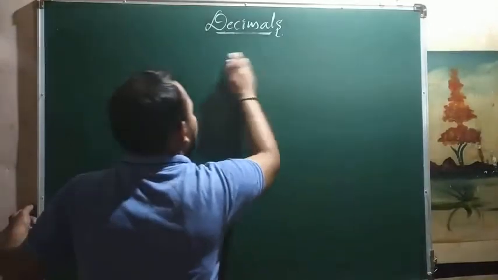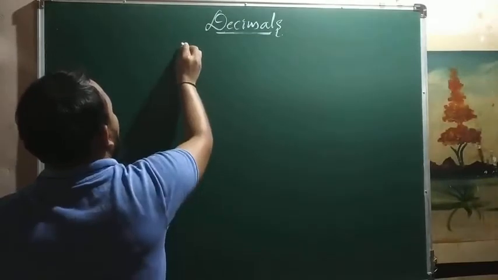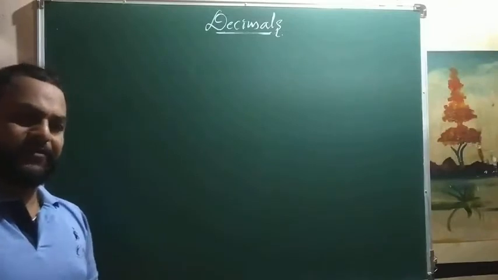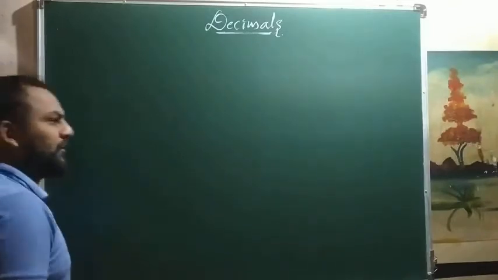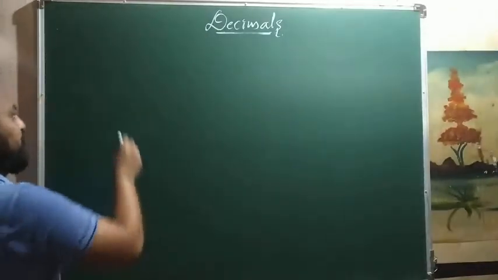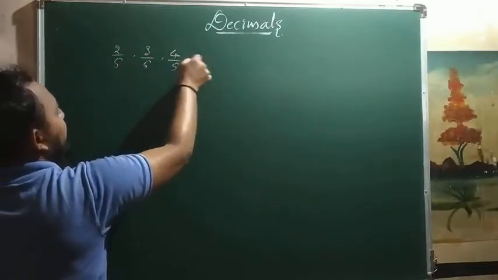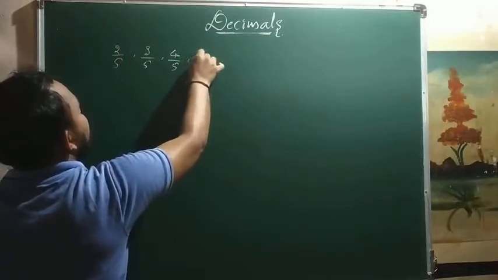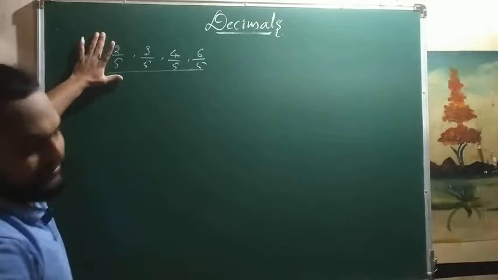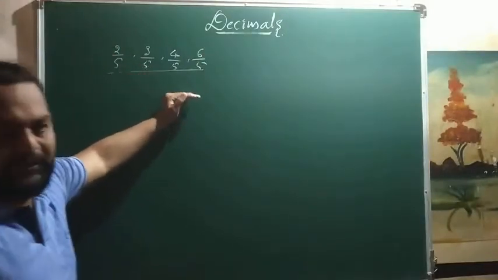Next, first I will study like decimals and unlike decimals. Here we know the like fractions and unlike fractions. Fractions having the same denominators, such as 2 by 5, 3 by 5, 4 by 5 and 6 by 5, are like fractions, because the denominators 5, 5, 5, 5 are the same.